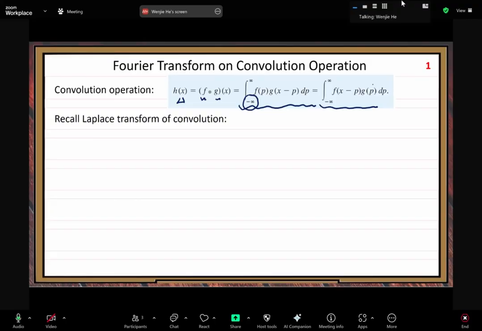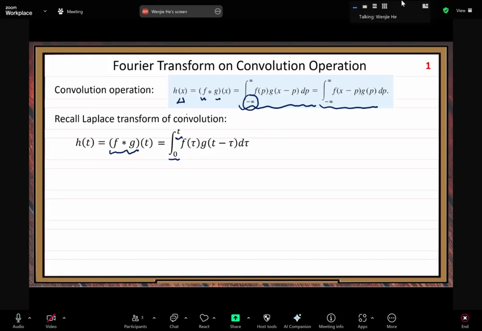Let's recall the Laplace transform of convolution. At that time, when we defined the convolution of two functions, f and g, you can see a similar format, but the lower limit and upper limit are different, so our definition is slightly different.